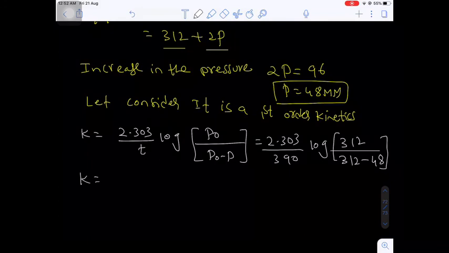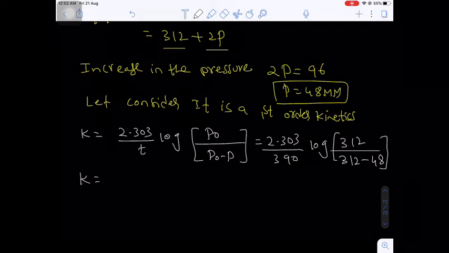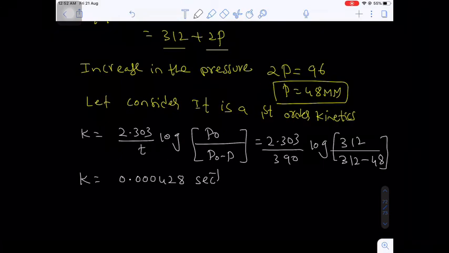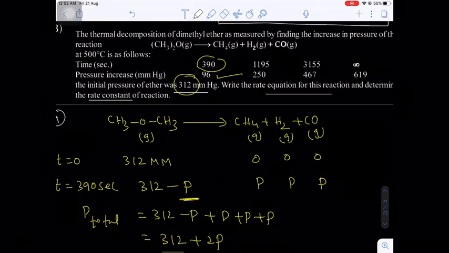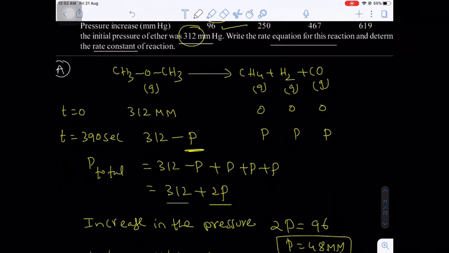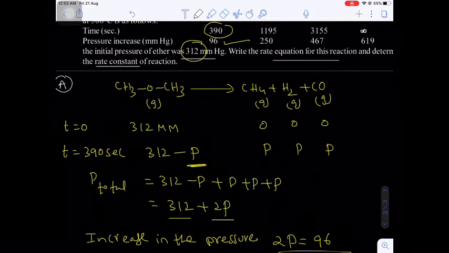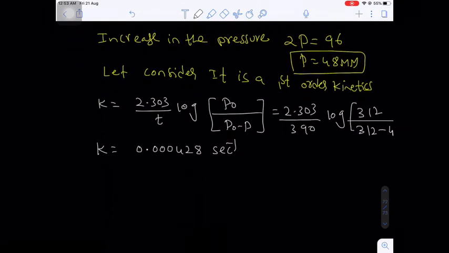Now from here I am calculating the rate constant value, which is equal to 0.00428 per second. This is the first rate constant value. Now second, I am calculating the P value at another time interval, that will be 1195 seconds.